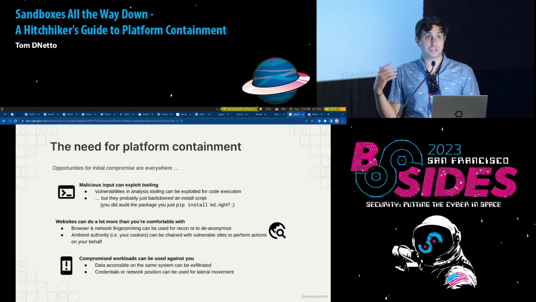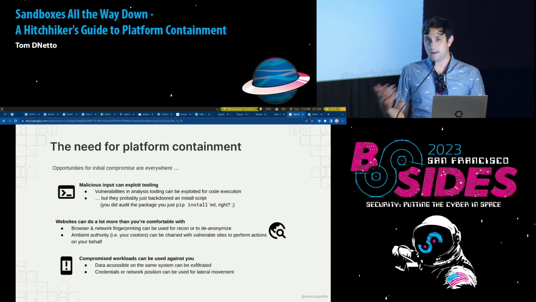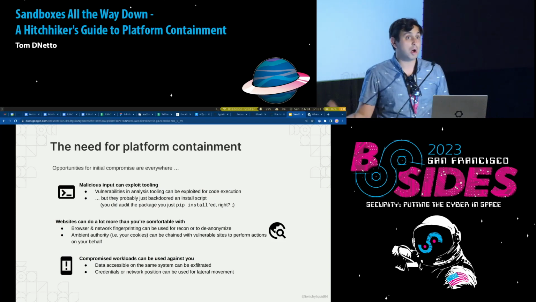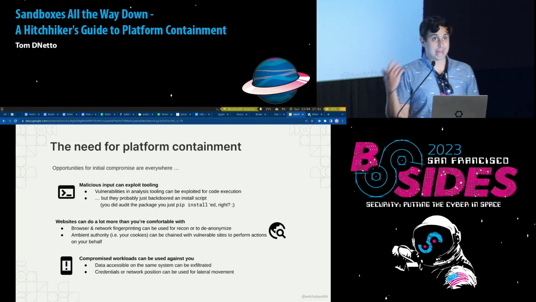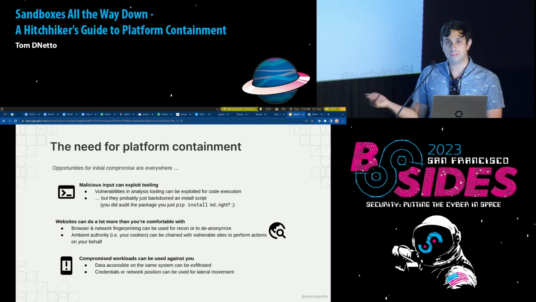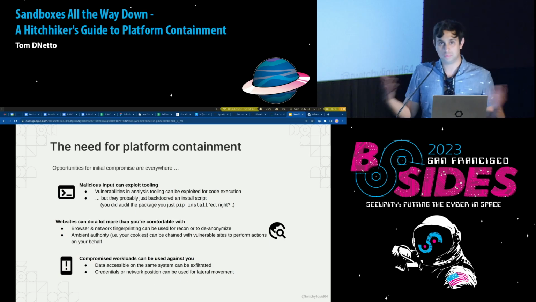And lastly, of course, is workload compromise. If you're running something in a container, chances are there are open source components. There are components that you didn't audit. And what are the possibilities that that is compromised? It can then access the data on your system, perhaps exfiltrate credentials, and from there, all bets are off.